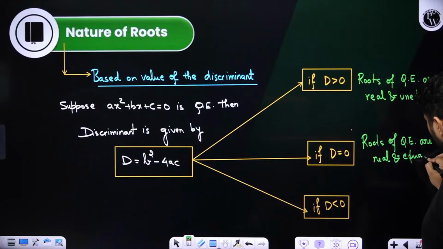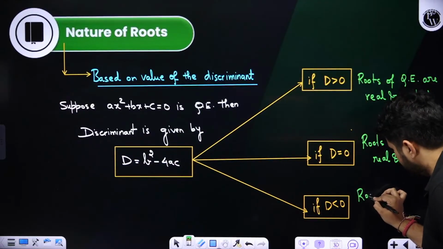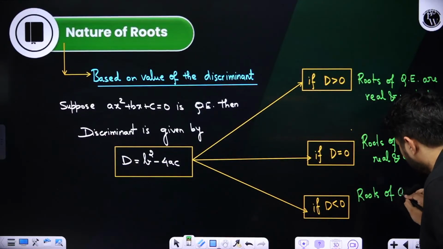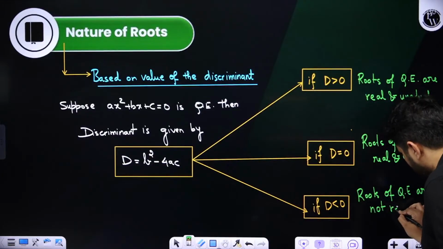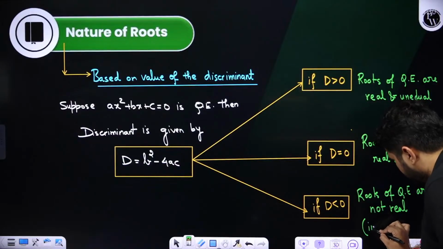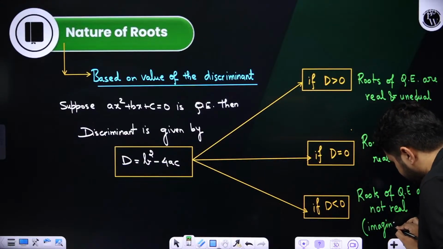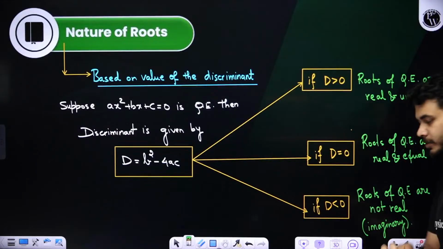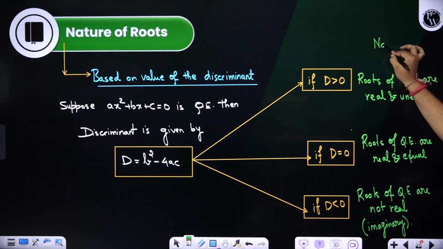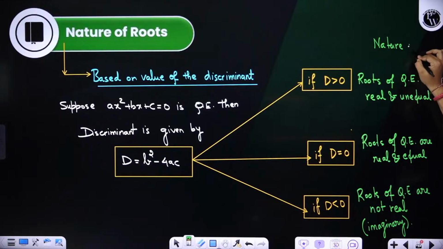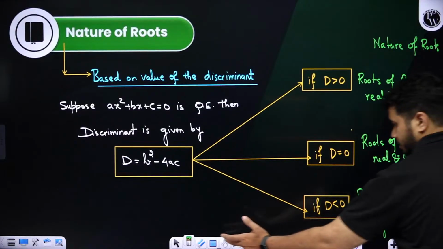And if the discriminant value is less than 0, the roots of the quadratic equation are not real, we say that they are imaginary. So these three conditions we have based on the value of discriminant, the nature of roots.